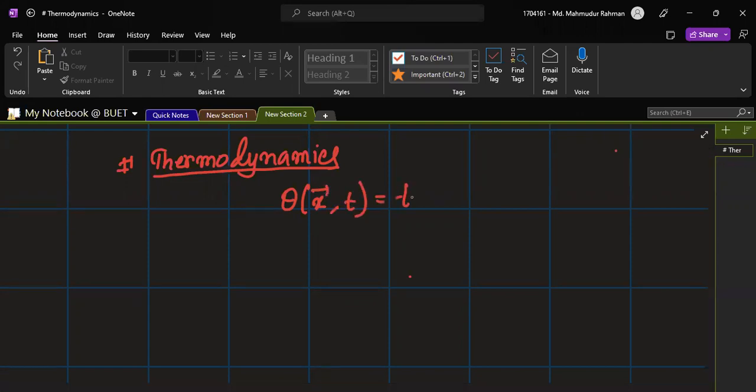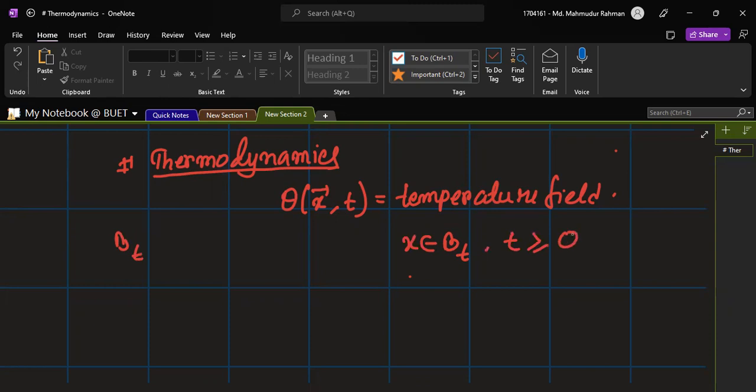It is a temperature field. It is defined for x that belongs to B of t, a configuration space, we call it Bt, and time t, which is greater than or equal to 0.